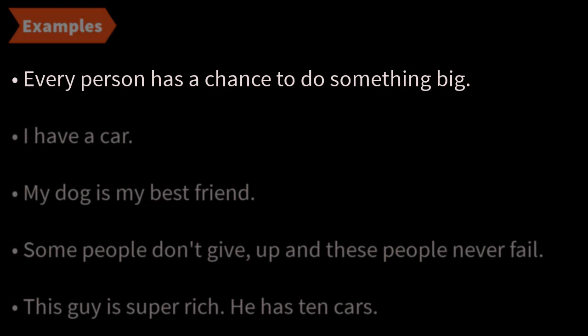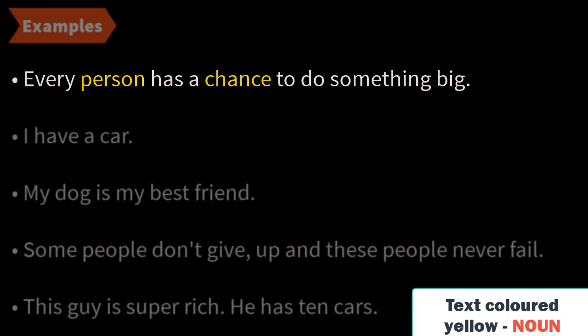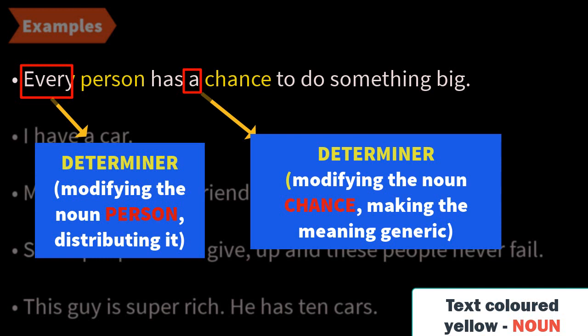We have to find out the noun. And what is the noun here? Person, right? And just before the noun person, we have this word every. So, every is working as a determiner. It's basically a distributive adjective that works as a determiner because it talks about the distribution of a noun, right? Every person has a chance to do something big.